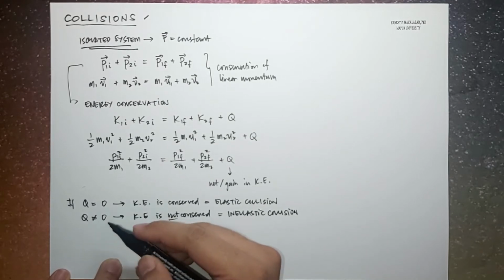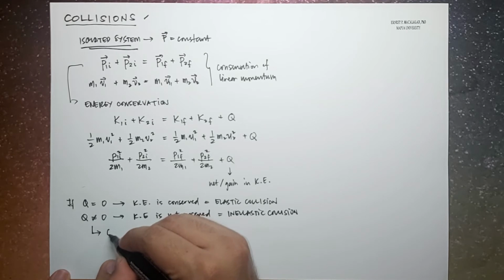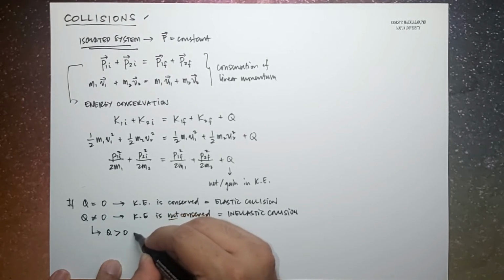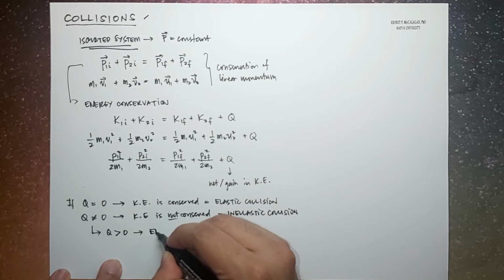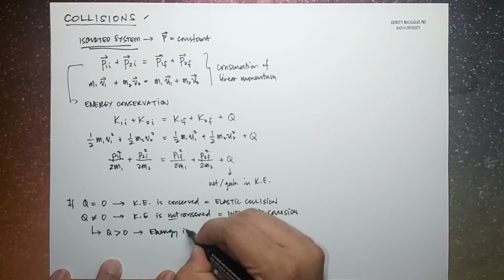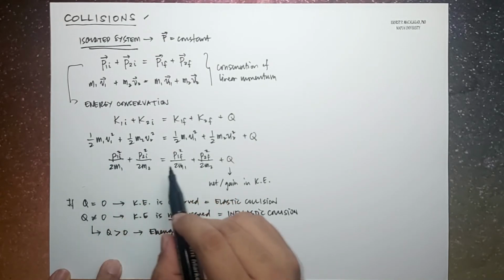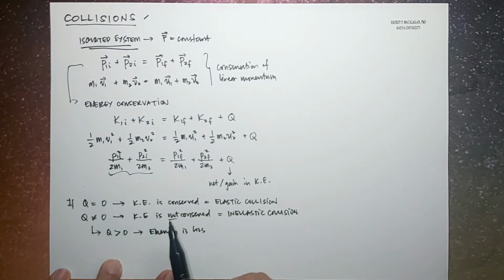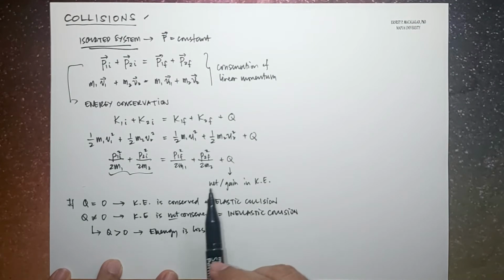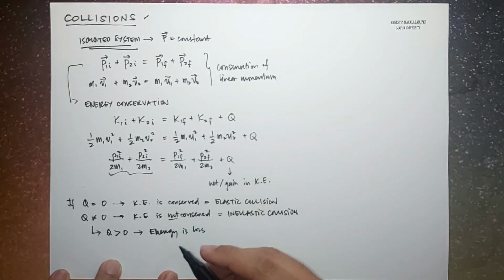Now, if Q is not 0, this can happen two ways. The first one is if this is positive, your energy is lost. So that means the total kinetic energy before collision would be greater than the total kinetic energy of the system after collision, because there's an extra energy that was lost.